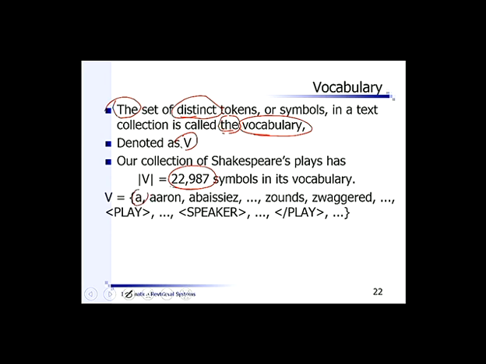Like you will assume that the will be repeated several times in the plays, but it is taken only once. Aaron, Abbasis, Zounds, Wagger, and so on. So all these are the unique tokens or symbols in the collection. So the unique or distinct tokens are called the vocabulary of the document collection.